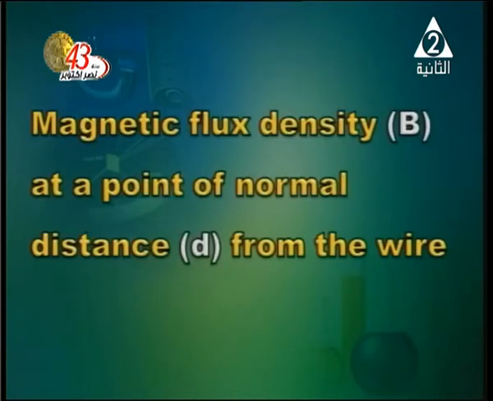Magnetic flux density B at a point of normal distance d from the wire can be determined from the expression. Right now we want a relation that gives magnetic flux density at a normal point from a current carrying straight wire.